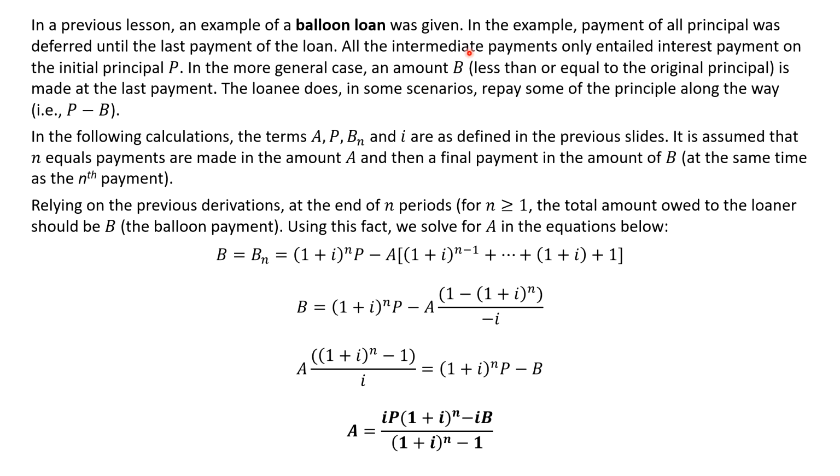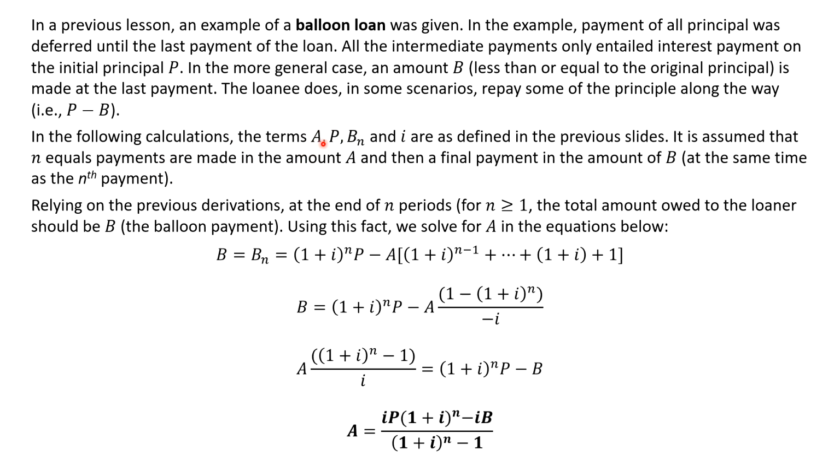We'll call that amount B. In our initial example, B was equal to P, the principal, but it doesn't have to be. You could pay off some of the principal along the way, P minus B, and then you would pay B at the very end. So let's look at the derivation of A in that case.